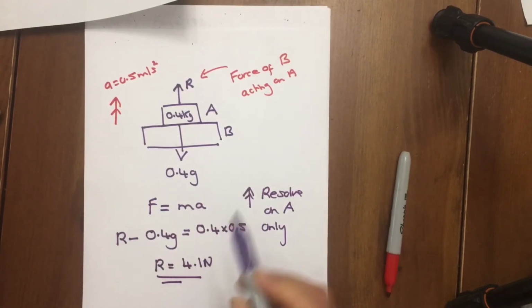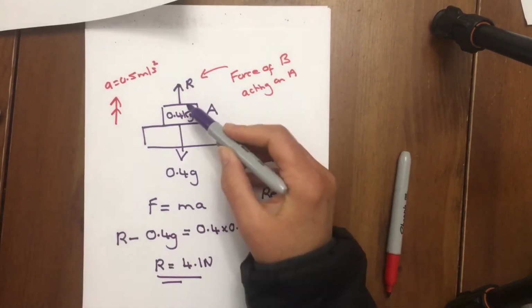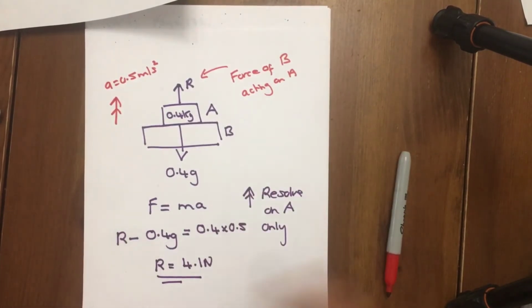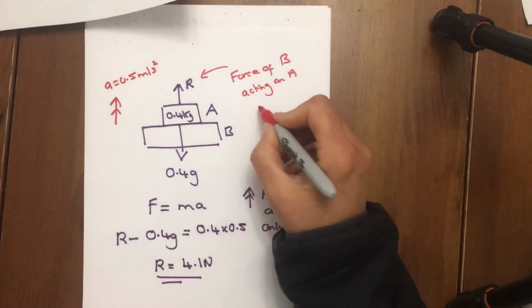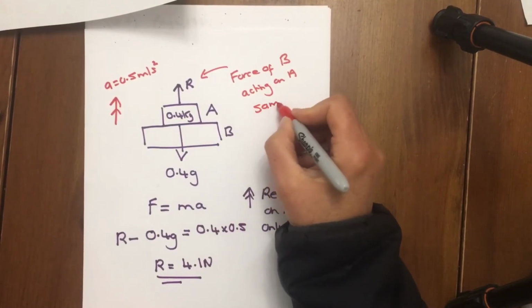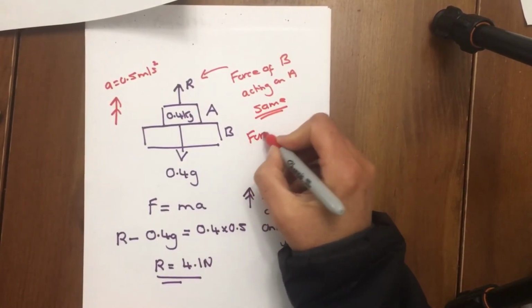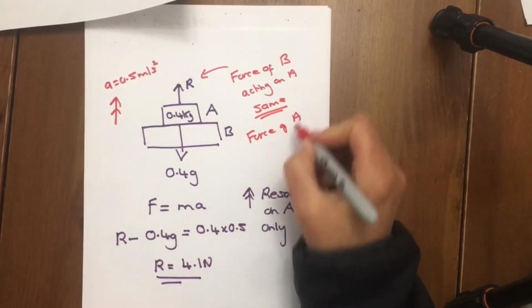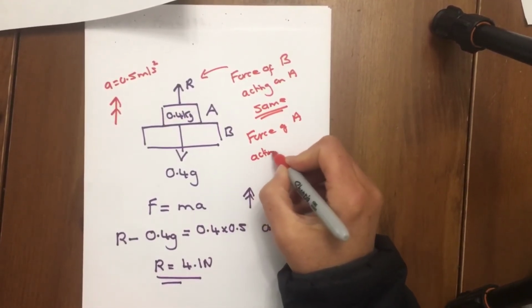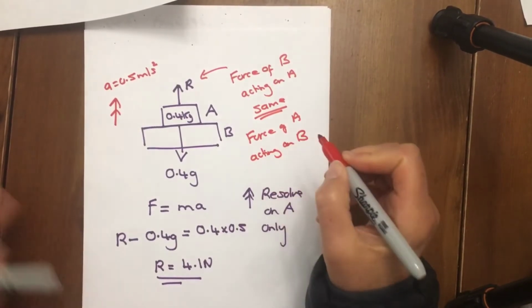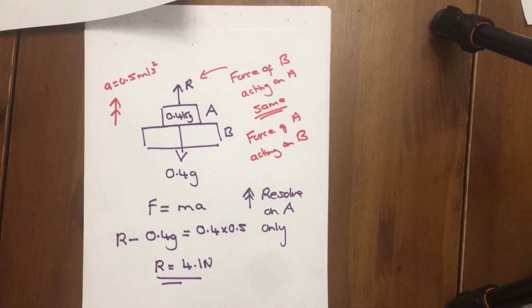So the force of B acting on A is 4.1 newtons. This is going to be the same as the force of A acting on B, because the two masses are staying together, and that's why we have that.